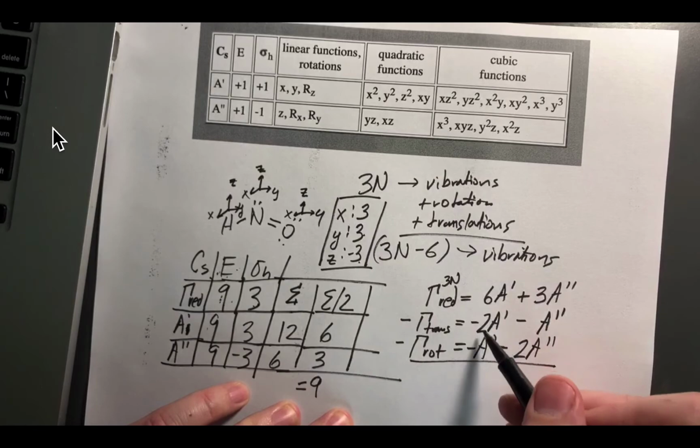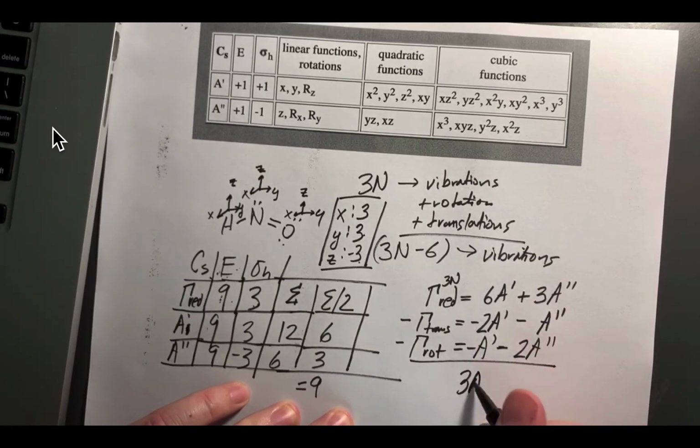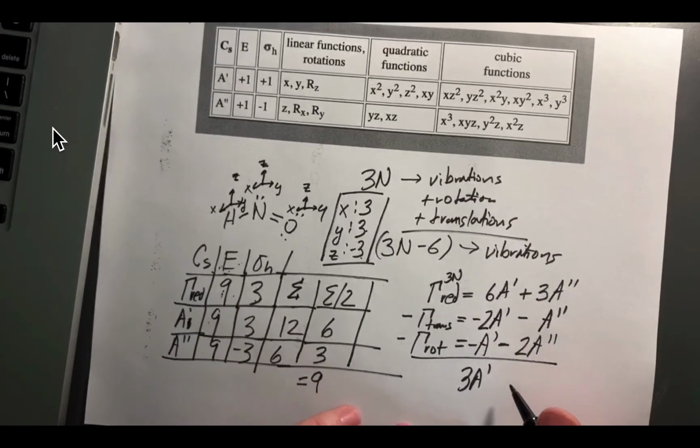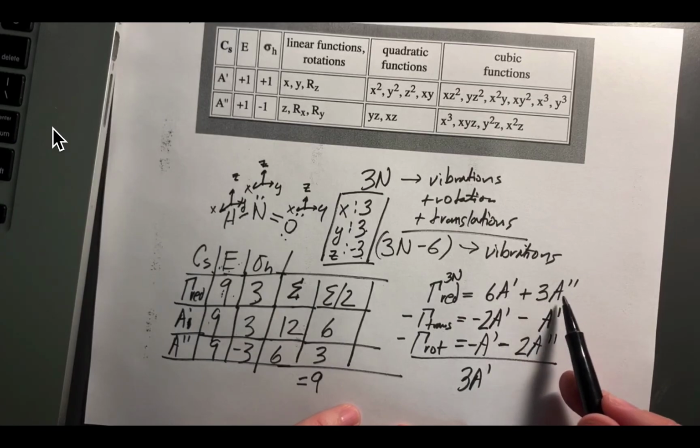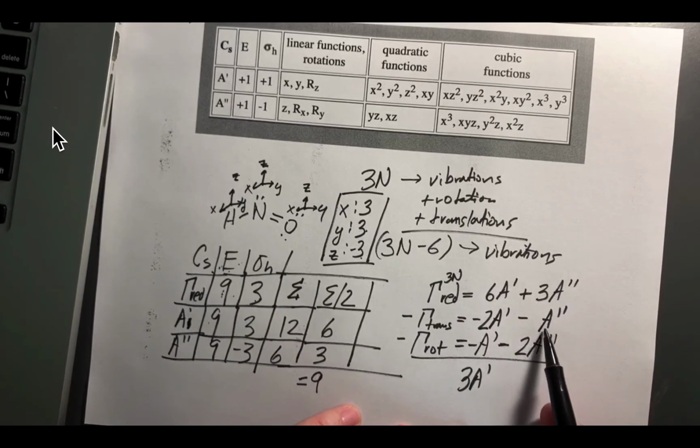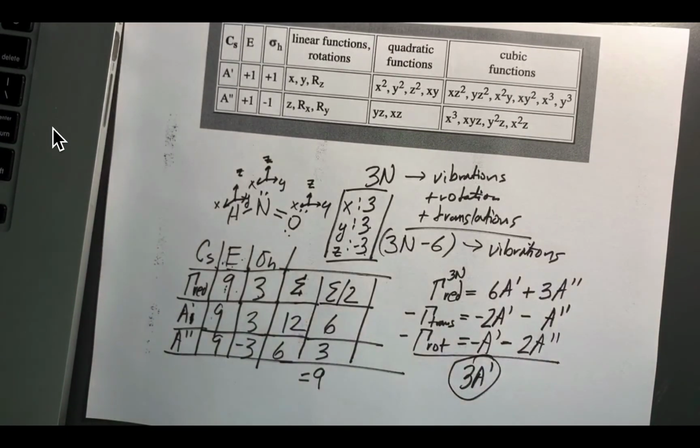So 6 minus 3 leaves me with 3A primes, and 3A double prime minus A double prime minus 2A double prime leaves me with no A double primes. So the 3 vibrations of this molecule all have A prime symmetry.